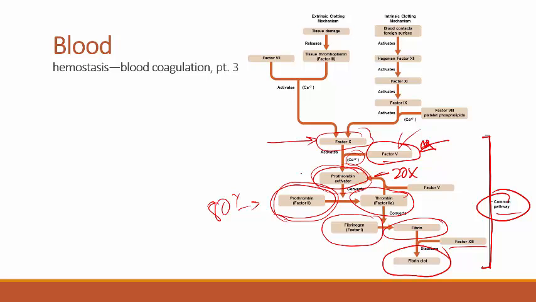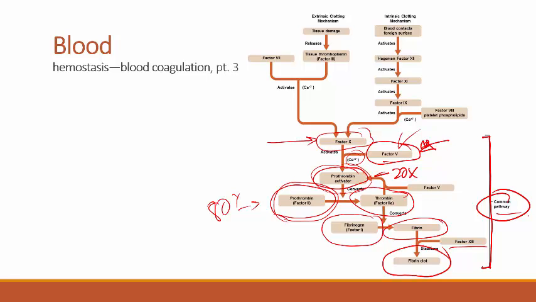So this is what leads to this huge coagulation event, because a whole lot of thrombin can be produced from a smallish amount of factor X. And this is just the ending point. So this common pathway is the end point.